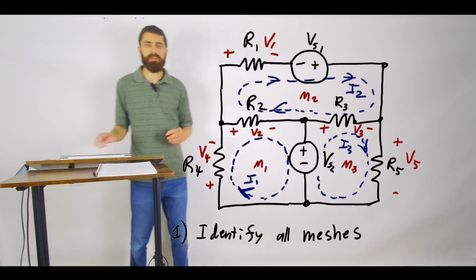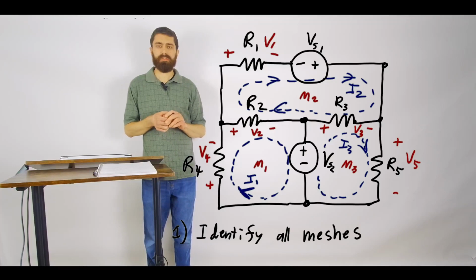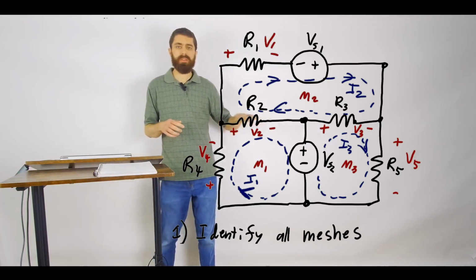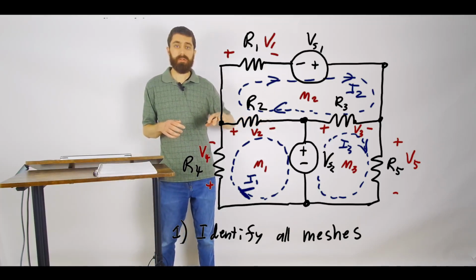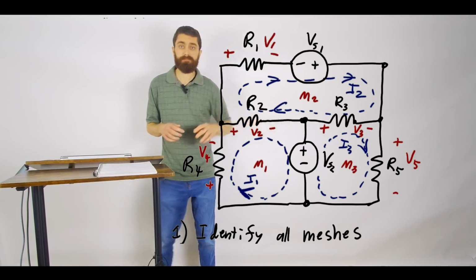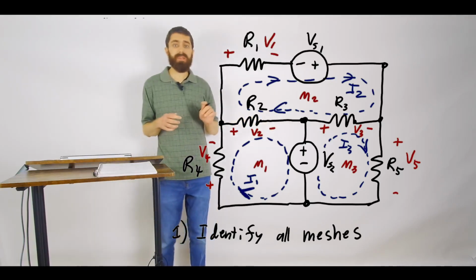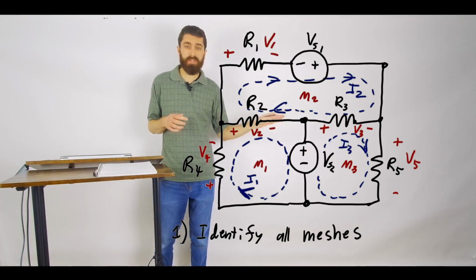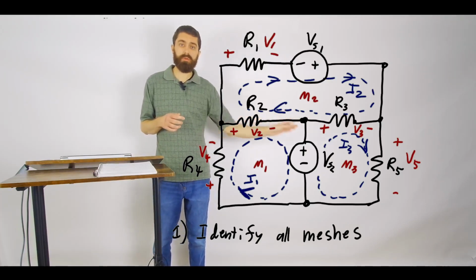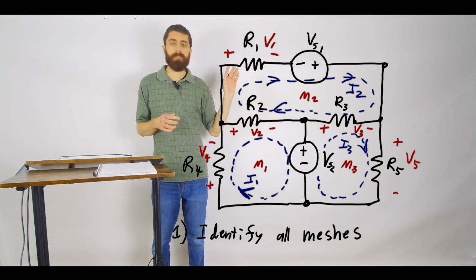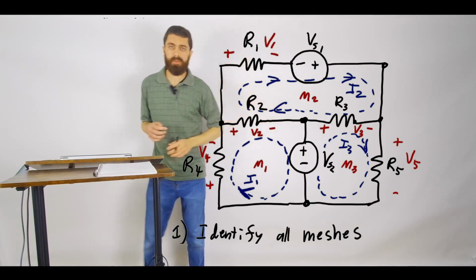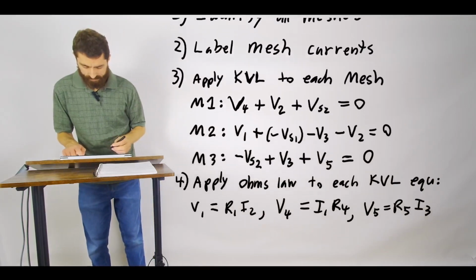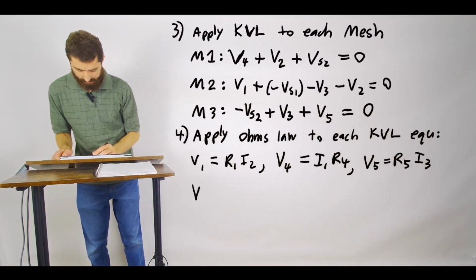Now, here's where you have to be a little bit careful. Let's try and find V2. V2 is going to be equal to the current in this direction flowing through the resistor times R2. I'm just going to say V2 is equal to IR2, the current flowing in it, times R2.